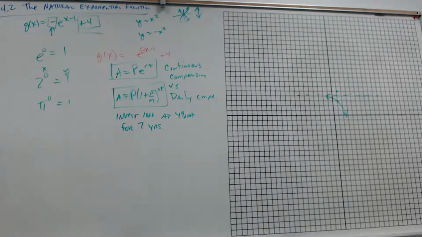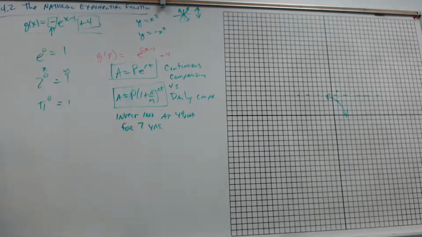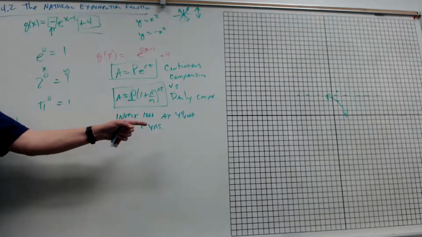Okay? All right, so let's pick on Chris. Can you help me? You want to do continuous or daily? Daily. Daily, okay. So the daily, tell me what to write on the board. 7. Wait. What's P? Are you having trouble seeing?